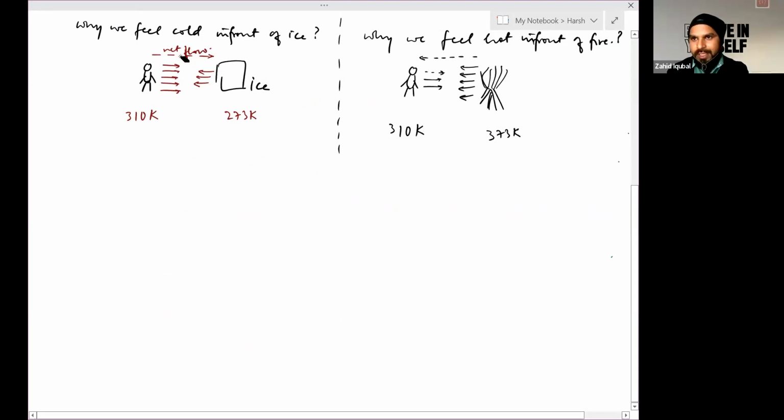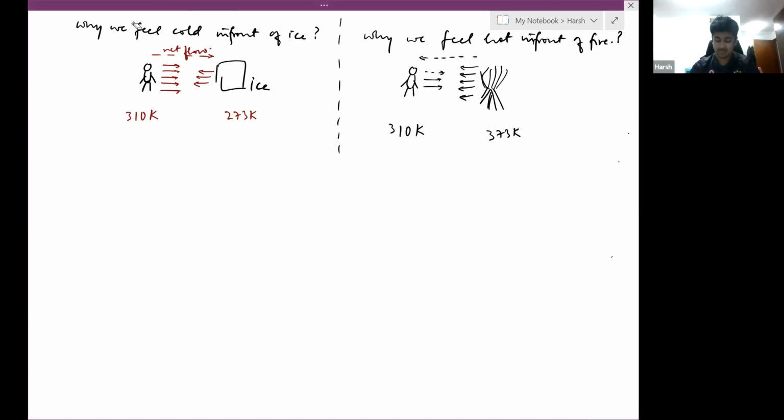This net flow of radiation, or net flow of thermal energy, from our body will tend to decrease the temperature of the body, because we are warm blooded. That's why we feel cold. Okay, sir.